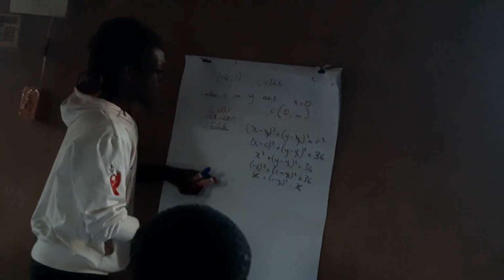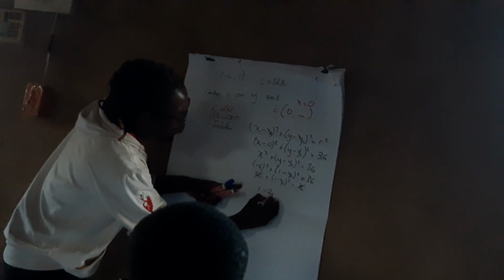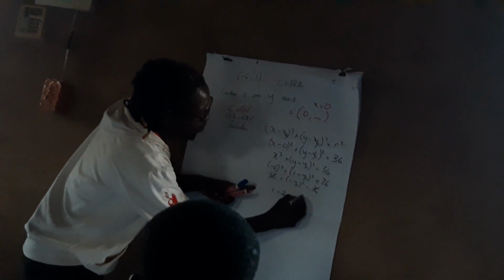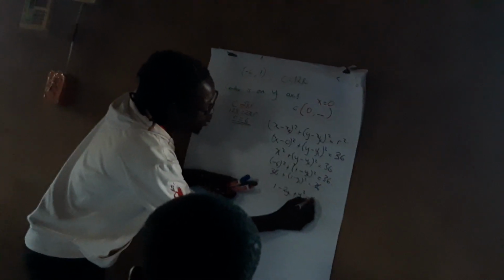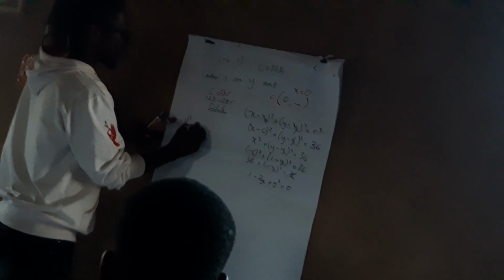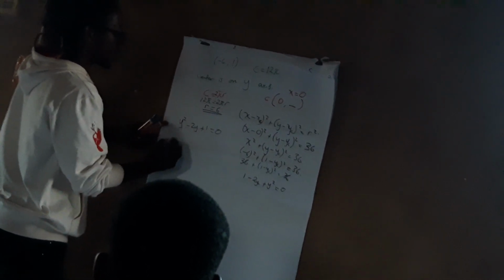So it will mean this will be 1 minus 2yc plus yc squared is equals to 0, and then we can solve for that. So yc squared minus 2yc plus 1 is equals to 0, right?